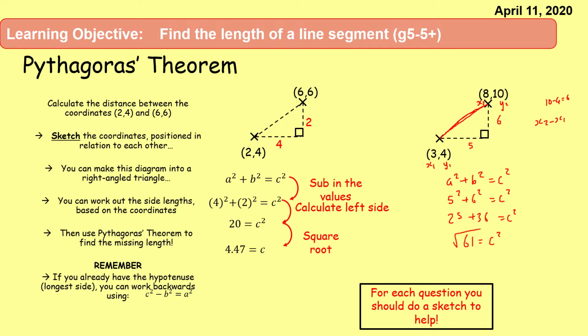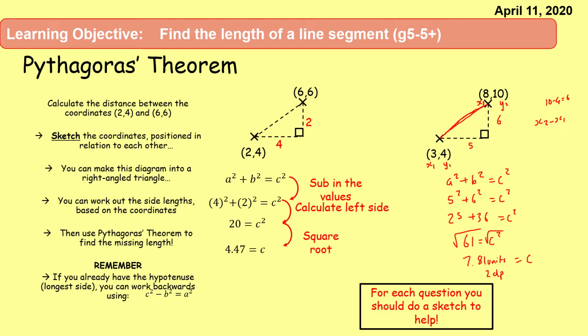Now we're going to square root both sides, and the square root of 61 is 7.81. So 7.81, we just call that units because there's no measurements, equals c, and that's to 2 decimal places.